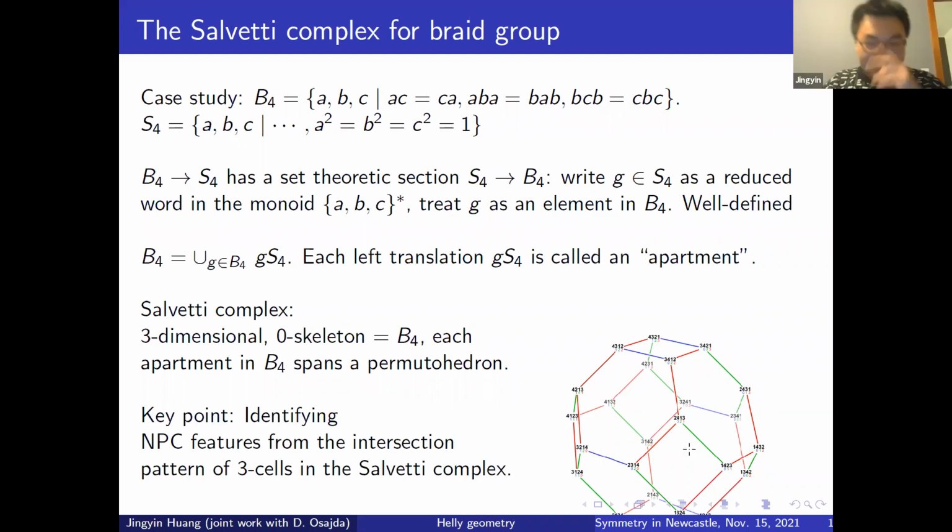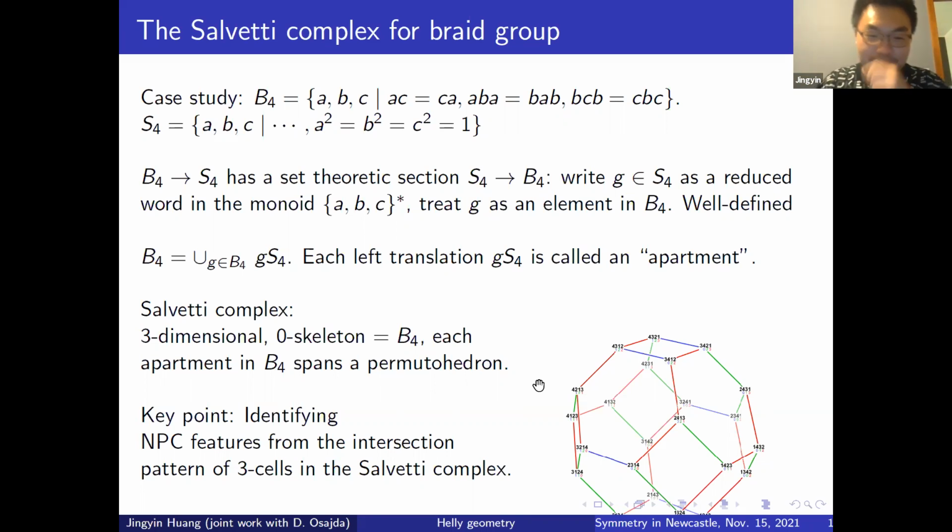Okay. So this is the Salvetti complex I want to work with, and my goal is to extract some non-positive curvature feature from this complex. The key point is that the Salvetti complex is the union of these 3-cells, and they intersect each other in an interesting way. What I want to say is that they intersect each other in a non-positively curved pattern.